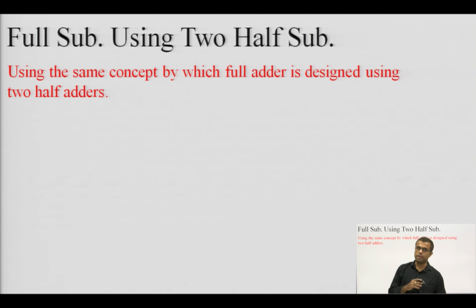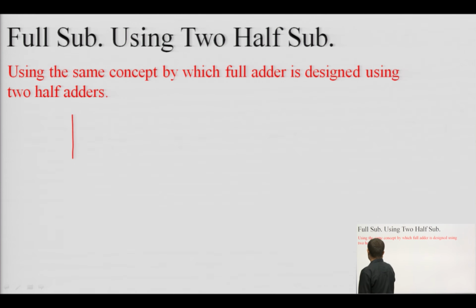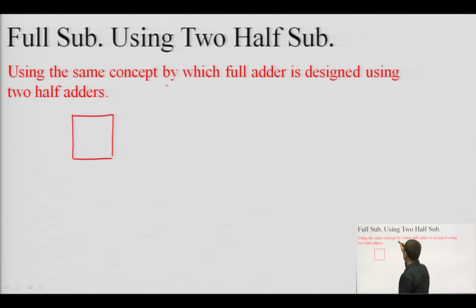We have to again rearrange these expressions in the form of XOR, so that they look identical to the half subtractor expressions, but we can directly compute it in the form of block diagrams. As we have seen, if 3 things are to be subtracted, that means A minus B minus C, ultimately I will be computing A minus B first.